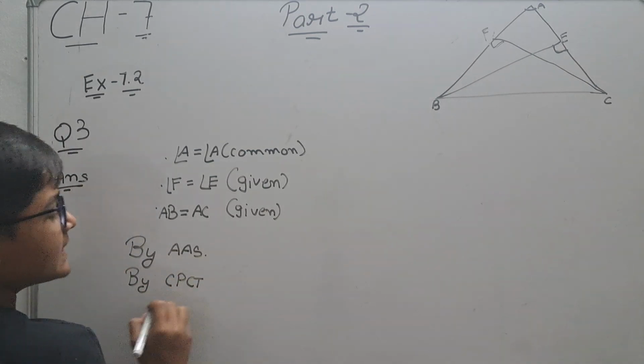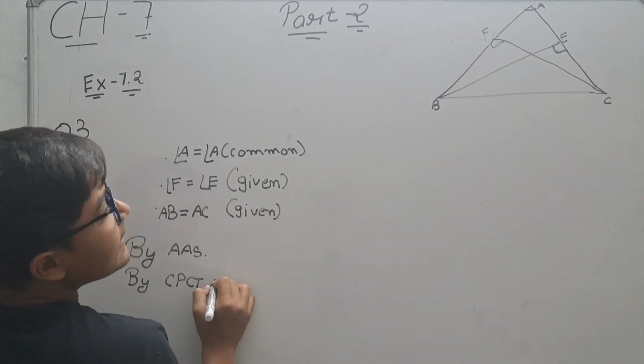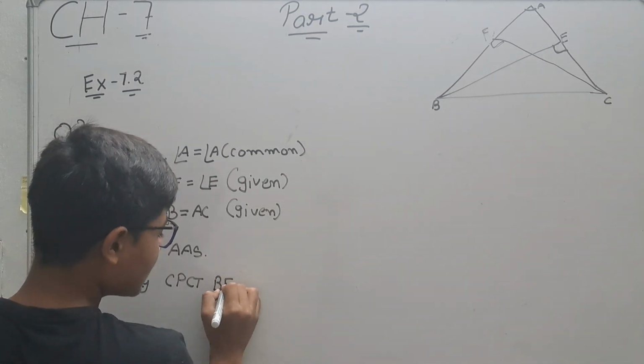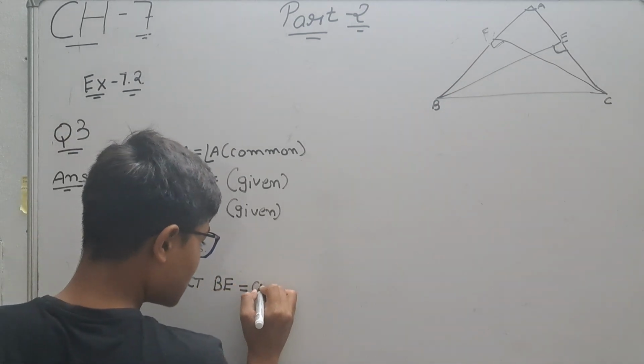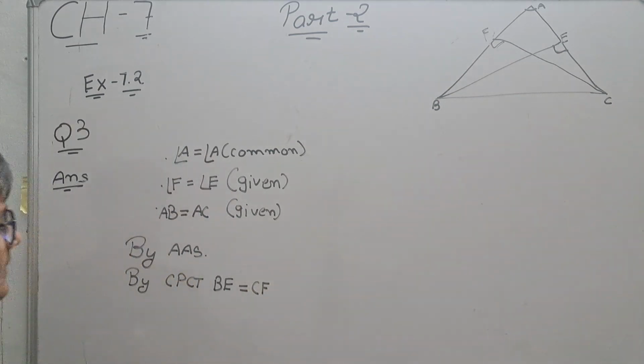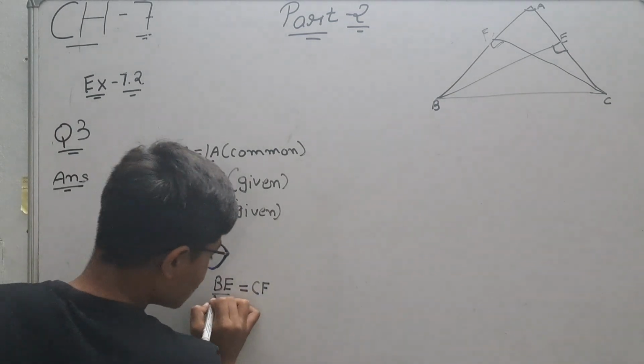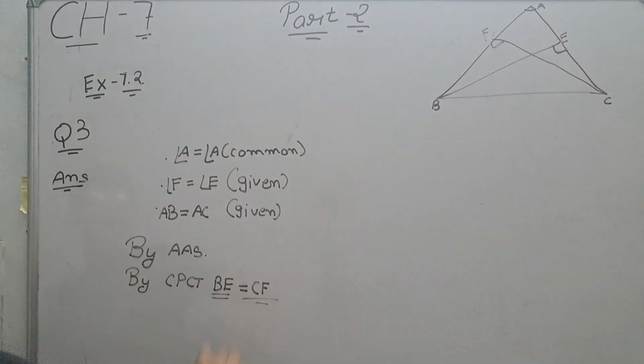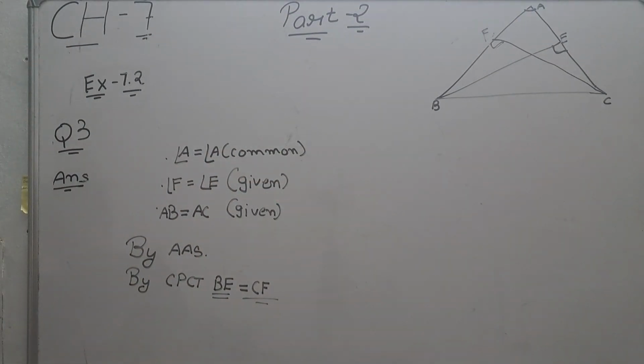By CPCT, BE is equal to CF. BE is equal to CF. So this is how we prove our question 3. This is how we have proved our question 3.